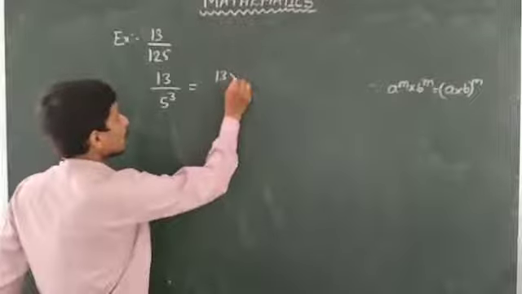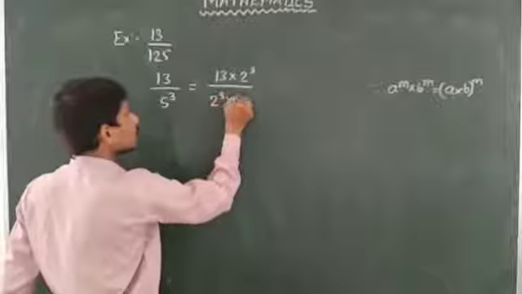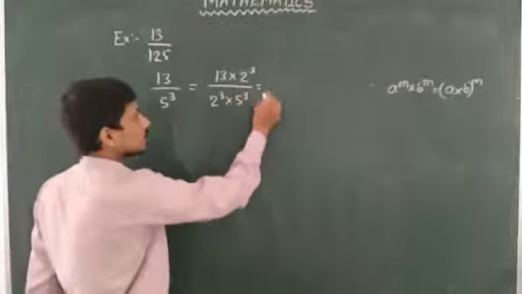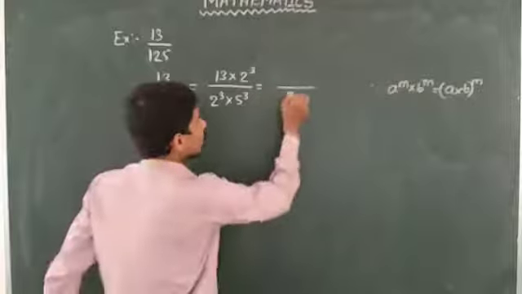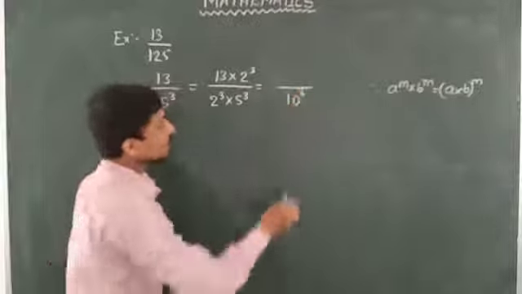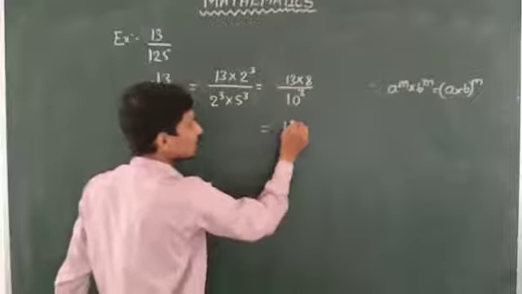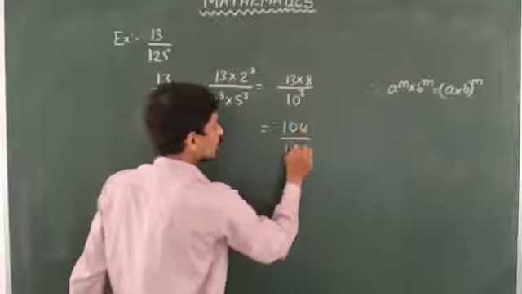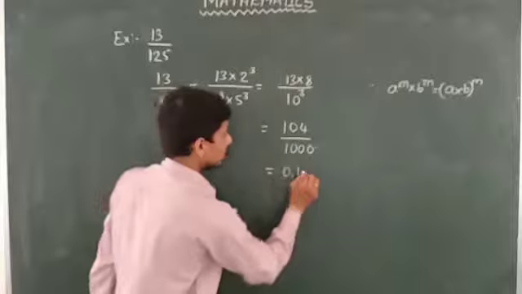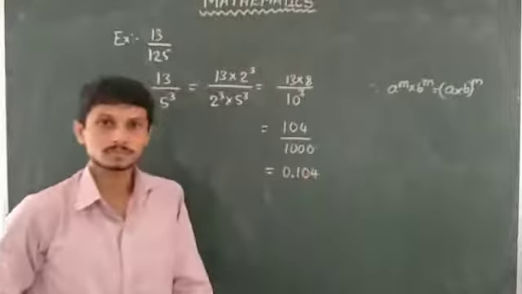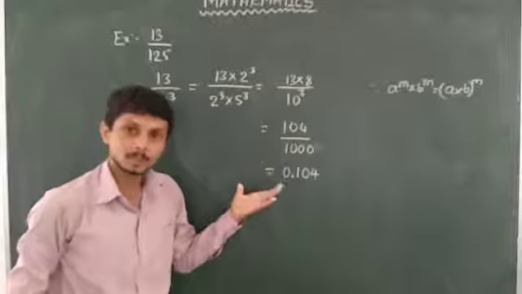That is 13 into 2 raised to 3 divided by 2 raised to 3 into 5 raised to 3. From the algebraic identity we get 10 raised to 3, and 13 into 8 is 104, so 104 divided by 1000 is equal to 0.104.